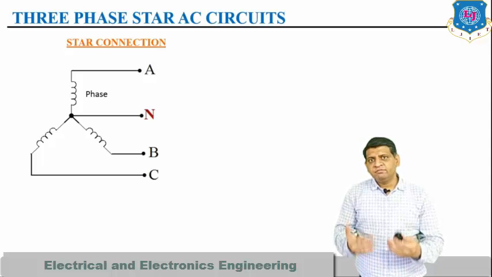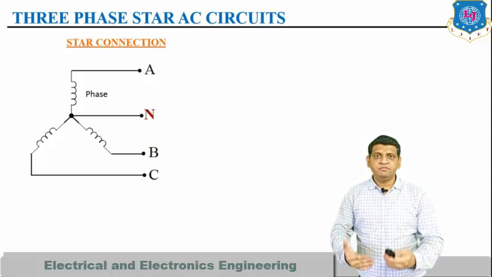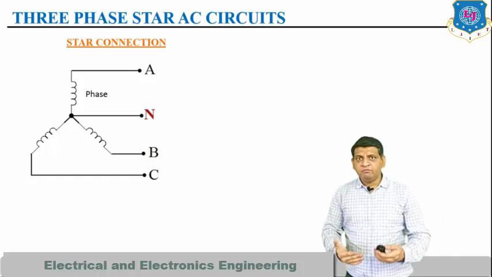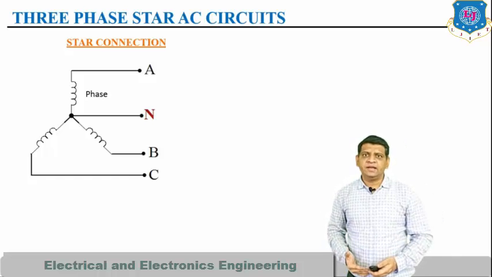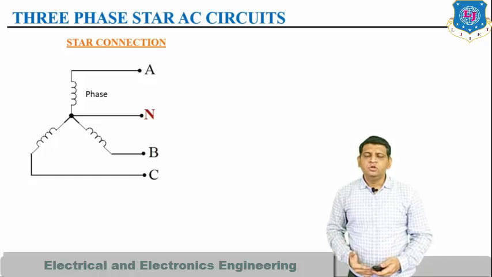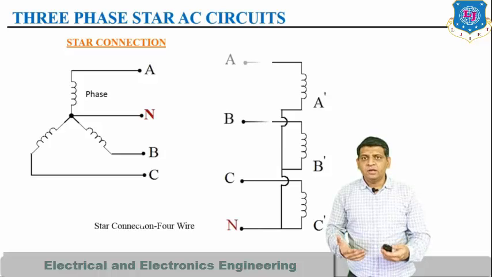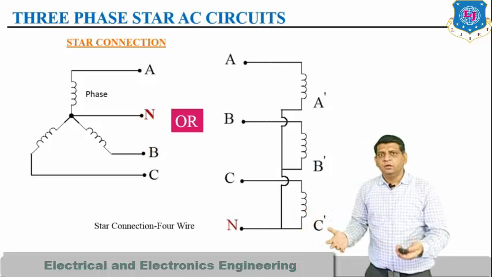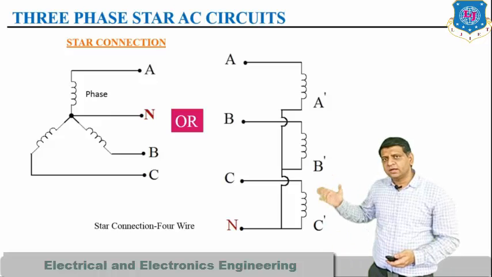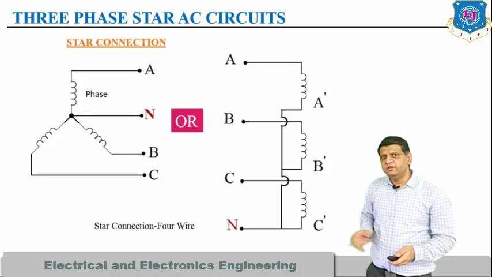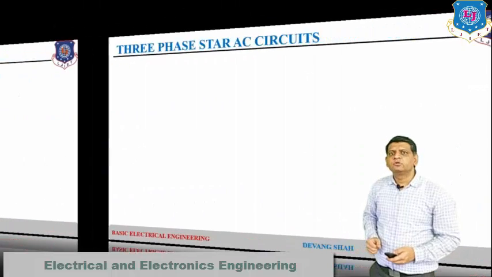One phase we define as phase A, another as phase B, and the third as phase C, where one end of all three phases is connected to one common point, and that common point we define as the neutral point. You can see in the circuit diagram how it can be categorized: all are connected in parallel, but one end is connected to the common point, and that common point we define as the neutral point, right?